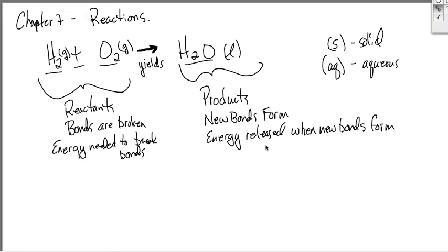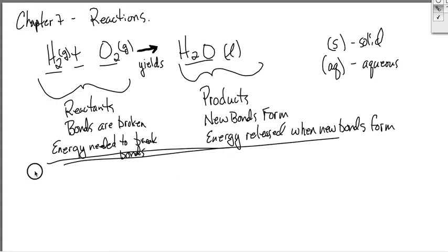Okay? We also mentioned that the overall reaction could be endothermic or exothermic. What that means is if it requires more energy to break the bonds than the energy released, then more energy is absorbed than released. Okay? So what that means is this. Oops, sorry, that should be a line right there.